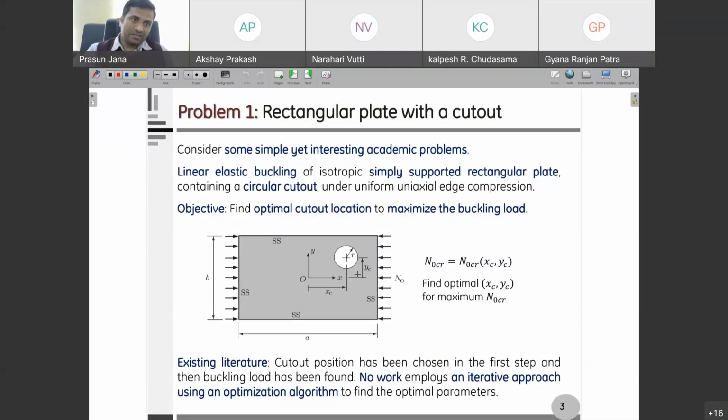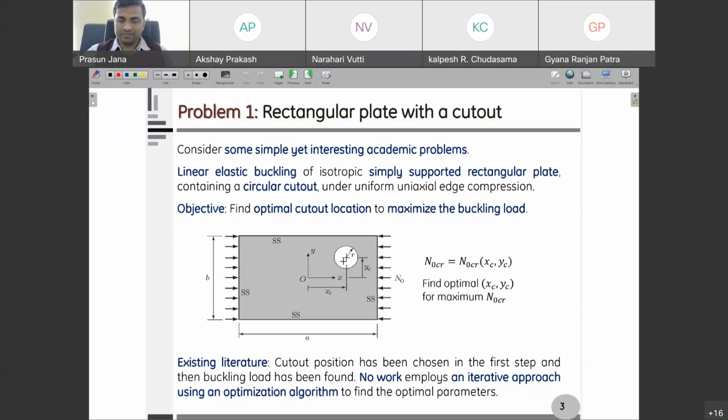We were interested to know which position of this cutout is the optimal position that gives the maximum buckling load. Though it looks like a simple problem, an analytical or closed form solution for this kind of problem is not available.